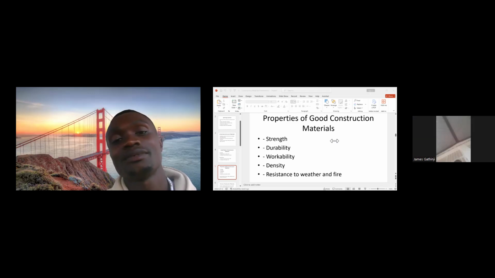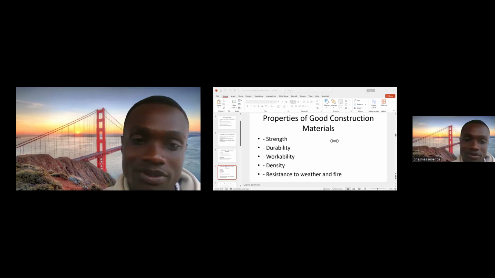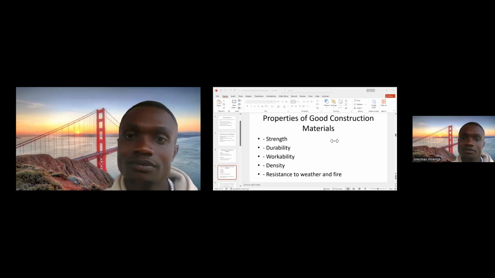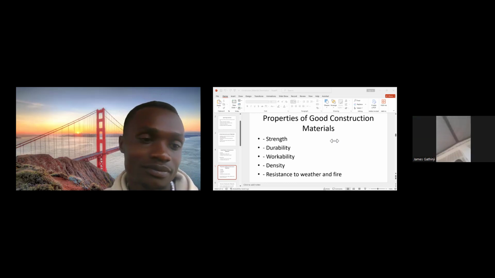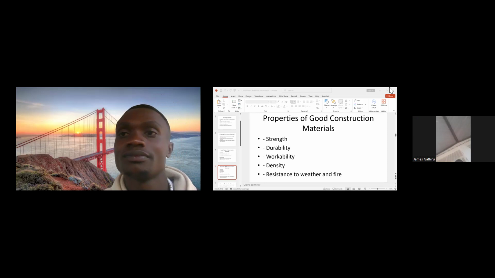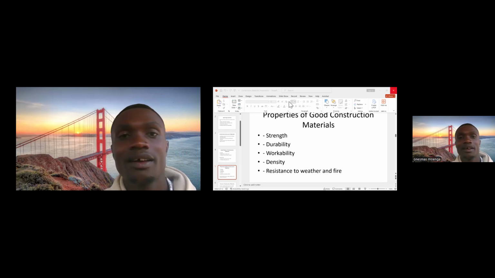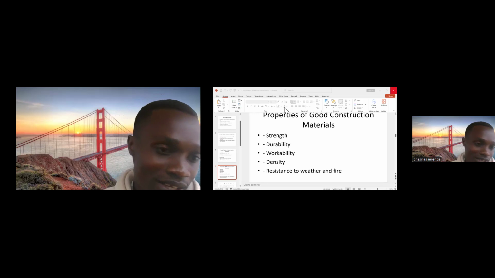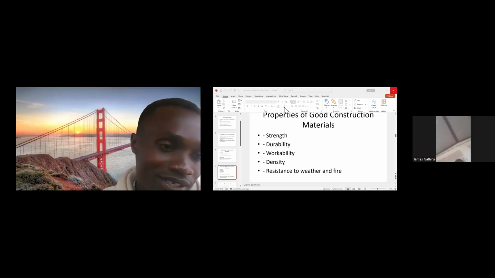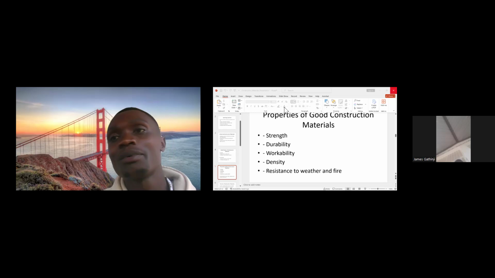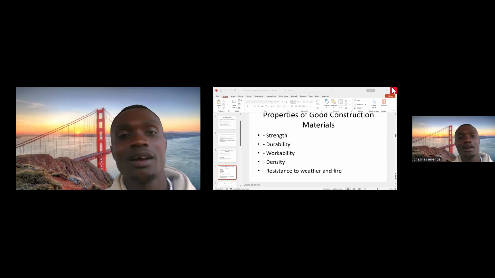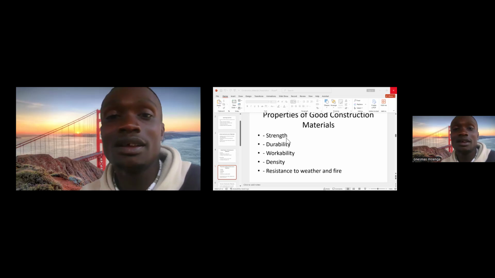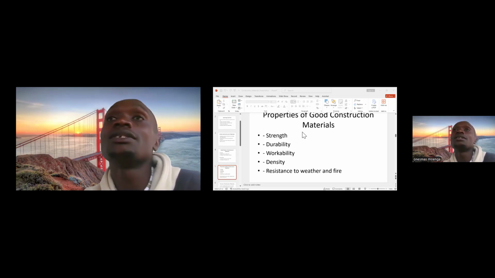Kindly everyone type in the chat box. Yeah, we have durability, porosity. So because of time, I would like to tackle these properties of good construction materials.